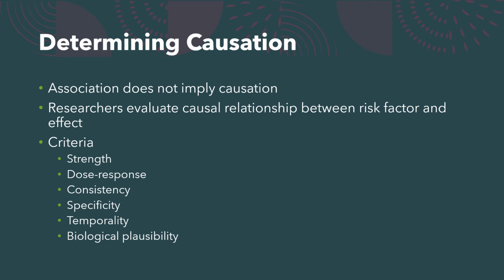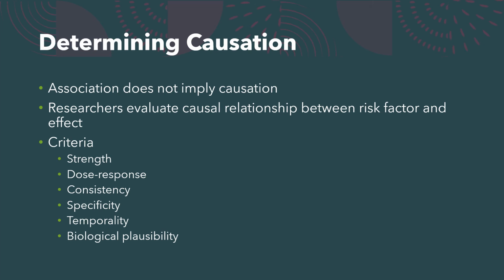Temporality means that one thing comes before another, right? So you have to be exposed to something before it causes the disease. Obviously, you can't say that one thing causes another unless the cause comes before the effect.